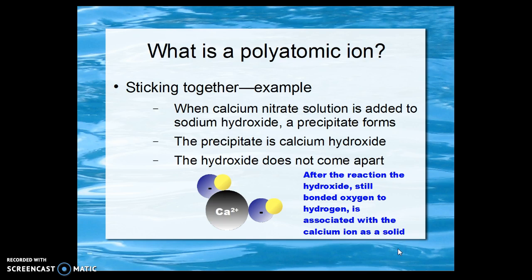But after the reaction, the hydroxide, which is still bonded oxygen to hydrogen, is associated now with the calcium ion as a solid, and the water molecules don't have enough energy to break it up. That's why you get a precipitate. Remember, compounds with hydroxide ions are bases.